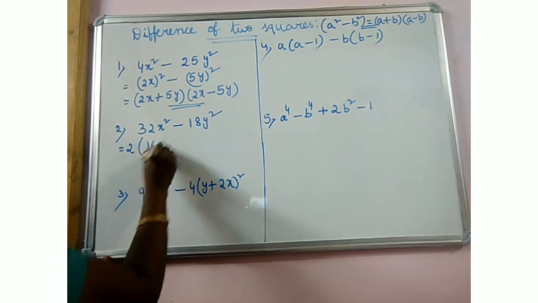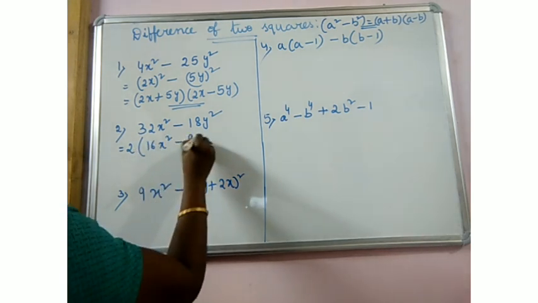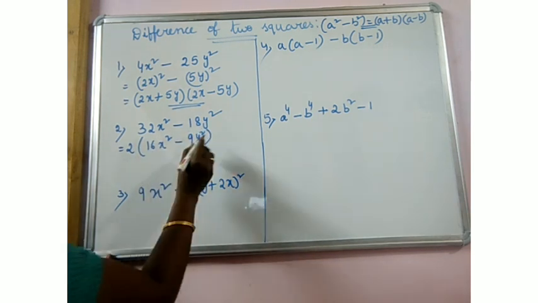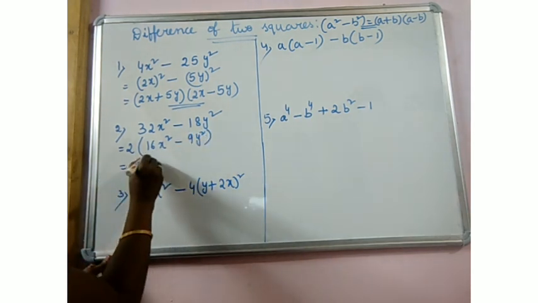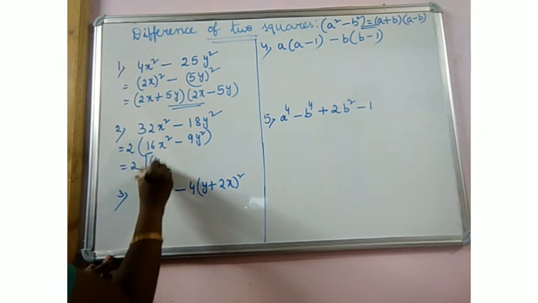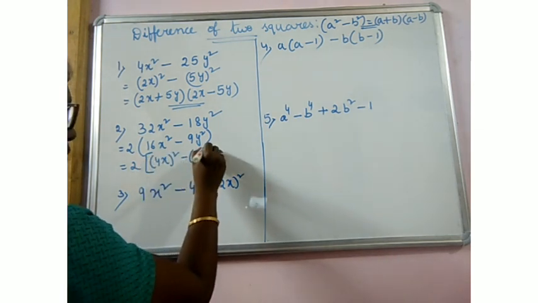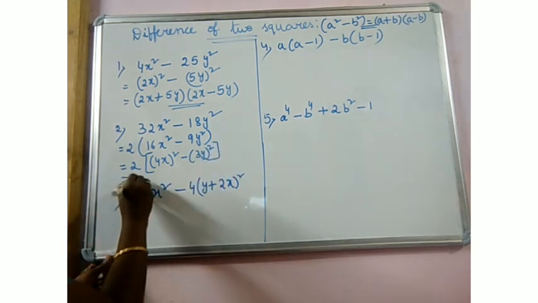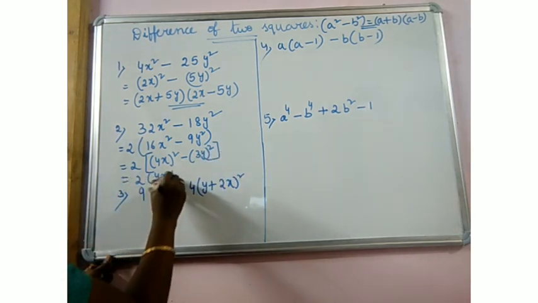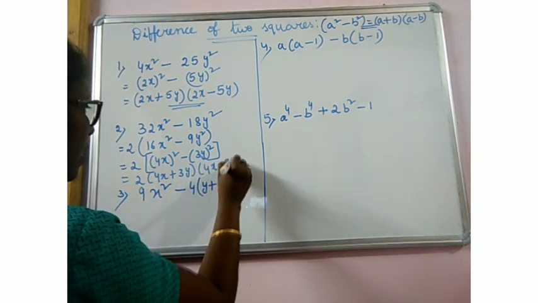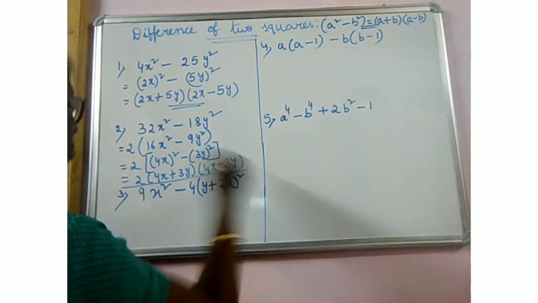So 2 into 16x square minus 9y square. 16 and 9 don't have any other common factor. 16x square is 4x whole square. 9y square is 3y whole square. So 2 into 4x plus 3y into 4x minus 3y, like a plus b, a minus b.